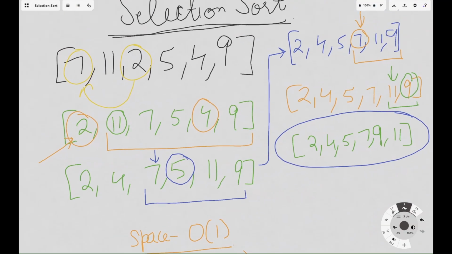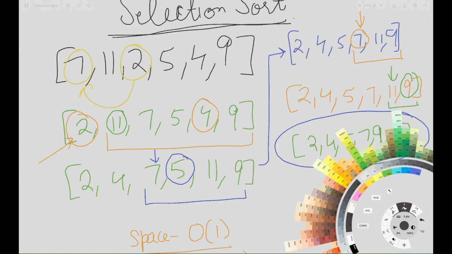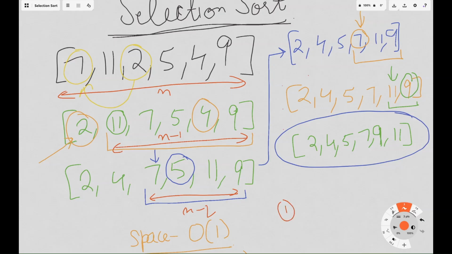In the first subarray, we were iterating over all the n elements to find the smallest element. In the next subarray, we were iterating n minus 1 times. Next, we were iterating n minus 2 times, and so on. In the last subarray, we will iterate 1 time.